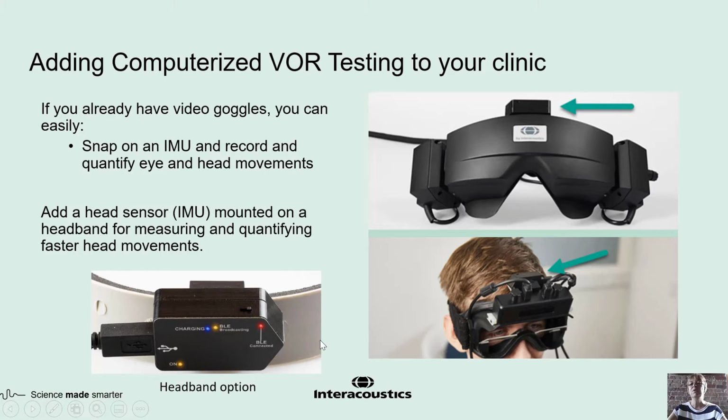When we're not recording eye movements, we will mount it to the headband so the patient can wear their glasses if they need to, and then we can get better visual acuity. If we're not interested in the eye movements, like in DVA and GST, where the feedback is coming from the patient reading back the symbol for us, we don't need to be recording the eyes. We just need the head sensor and the patient to have the best vision that they can have before we start the test.